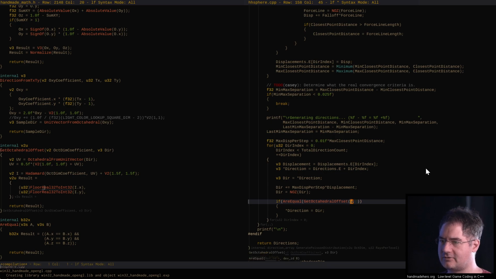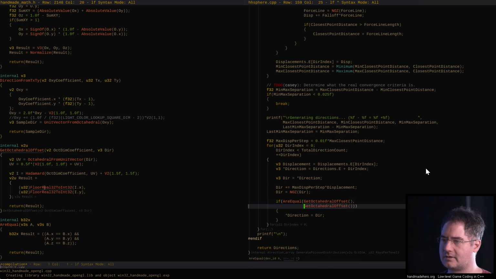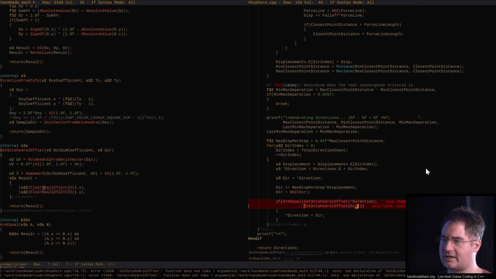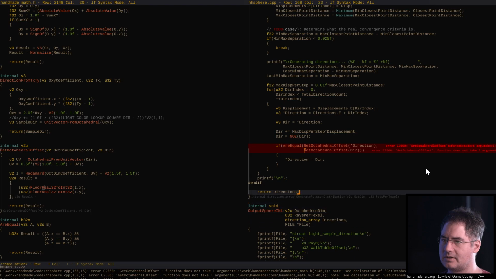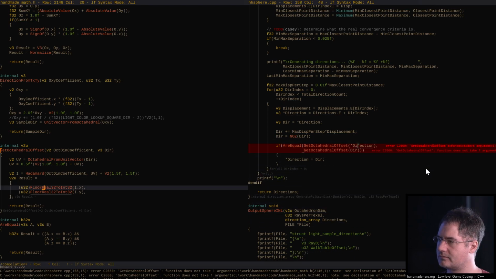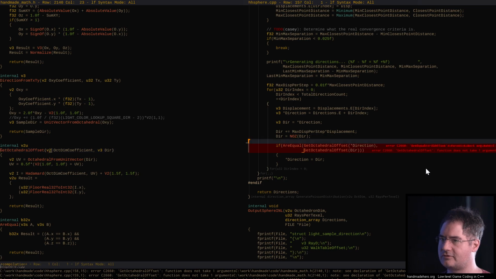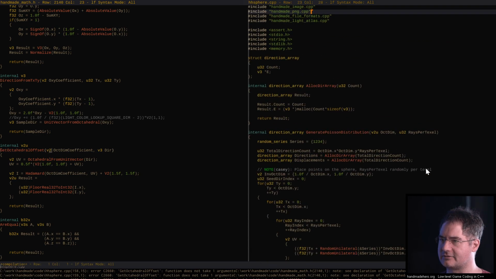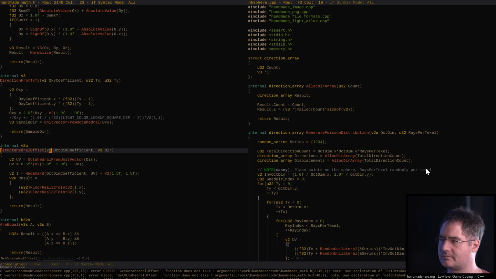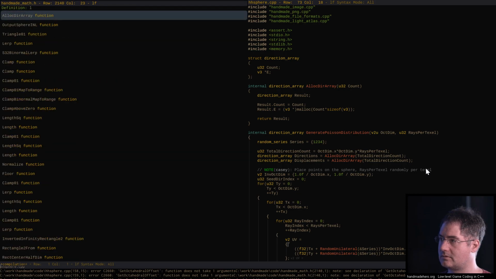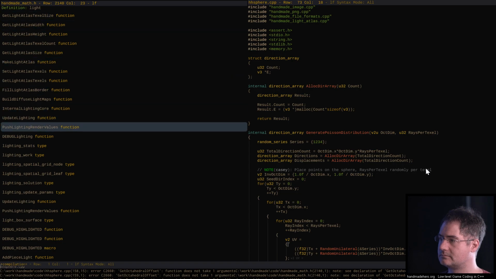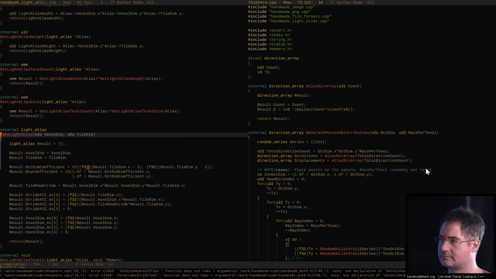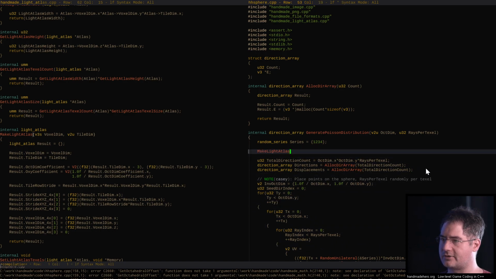So if get octahedral offset for the direction that it was and the new direction are not the same, and the octdim coefficient is whatever the light atlas would have said that it was. So I think that would just require us doing this.